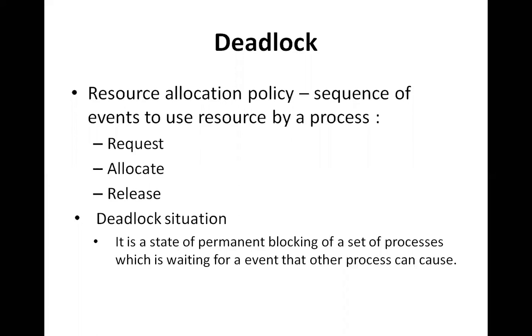Now, if the system has multiple units of the requested resource type, the allocation of any unit of that type will satisfy the request. There are certain resources having many units, and that resource is requested by a particular site. One unit is served to one site, another unit to another site.